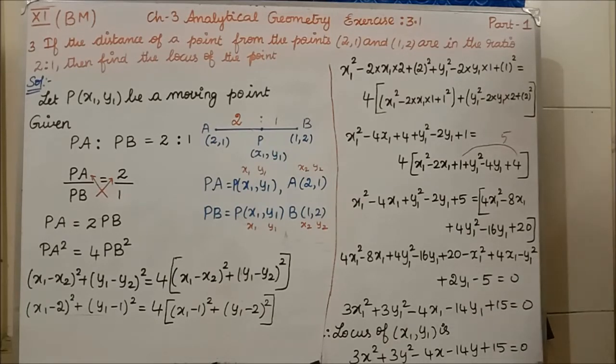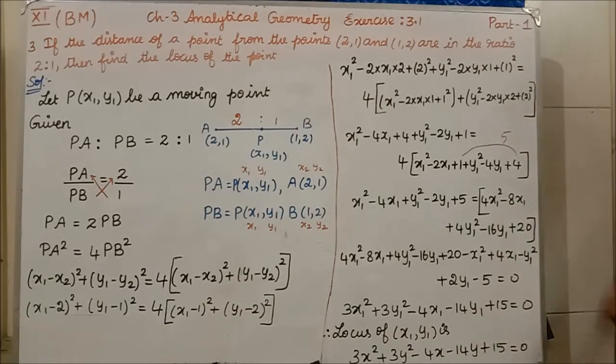Then y1 terms: minus 16y1 plus 2y1 is minus 14y1. Clear? And 20 minus 5 is 15, equal to 0. Now, the locus of x1, y1: how will you write the last line?